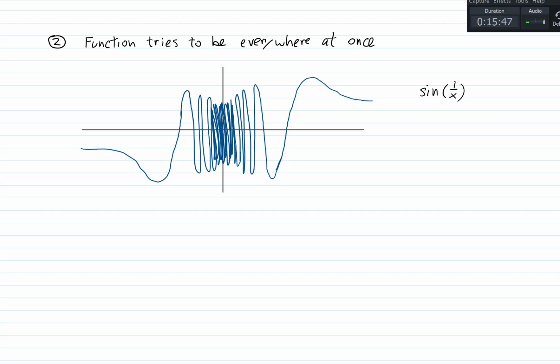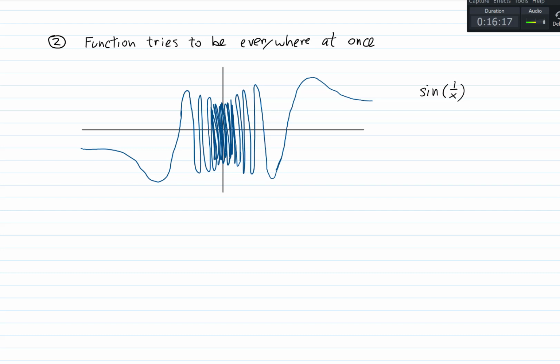What's happening there is, as x approaches 0, the function is oscillating so quickly between -1 and 1 that you cannot say that there is a single value that this function is approaching as x approaches 0.